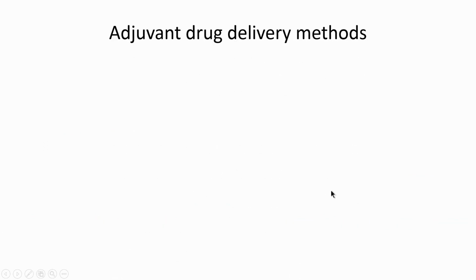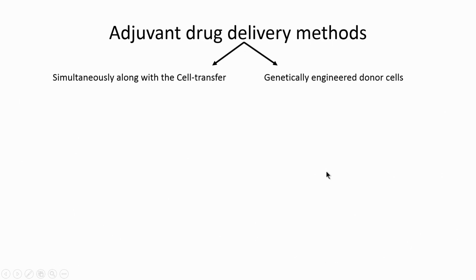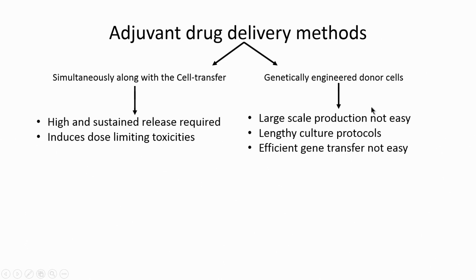Okay. So, let us see what they did. First of all, let us talk about their drug delivery methods for adjuvant. Then, they have simultaneously along with the cell transferred these, or they have taken genetically engineered donor cells. So, these are different approaches here.